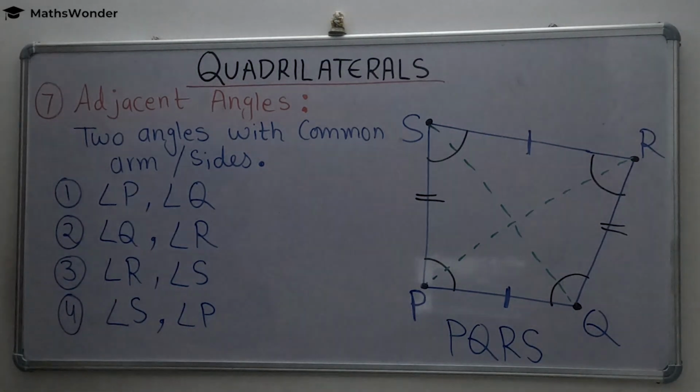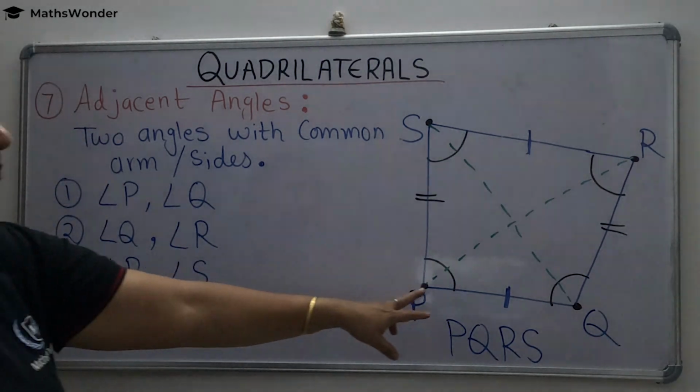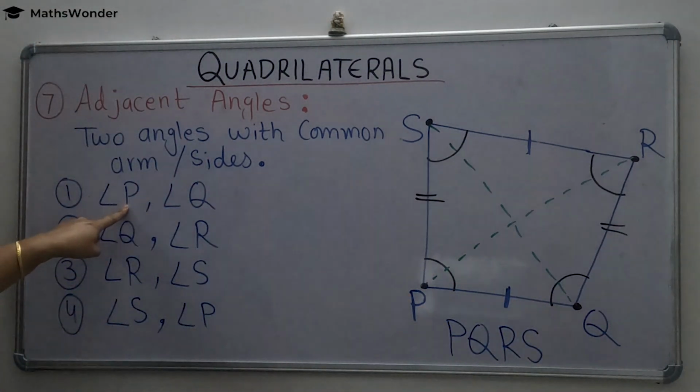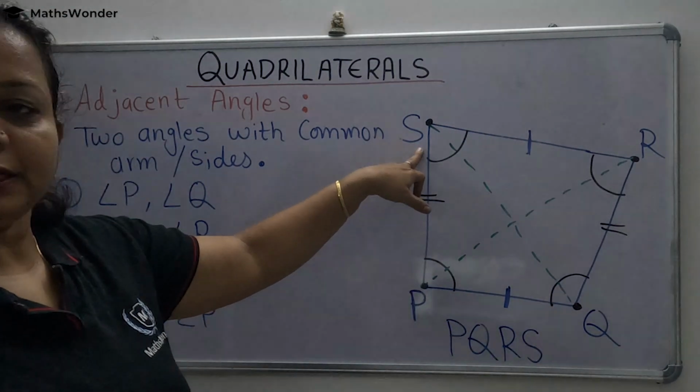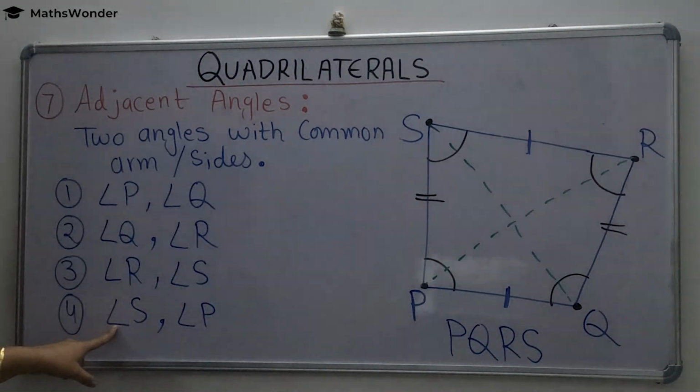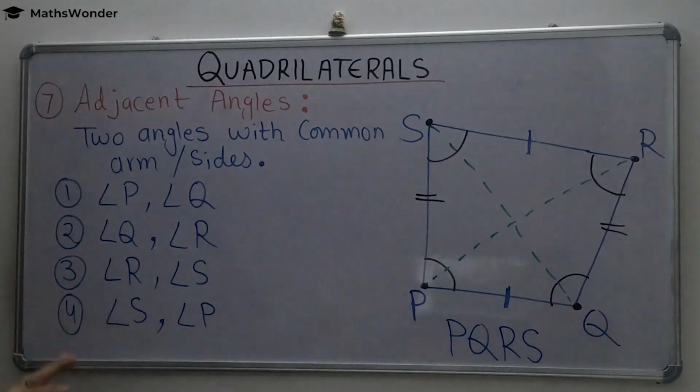So adjacent means consecutive, and consecutive in simple words means a neighbor, a neighboring angle. Now tell me, this angle P is neighbor with Q, right? One pair. And this angle P is neighbor with S. So it will make two pairs, like you see on the board. So basically adjacent is the mathematical word. Consecutive is also a mathematical word, but in simple language you can understand it's a neighboring part we need to find.